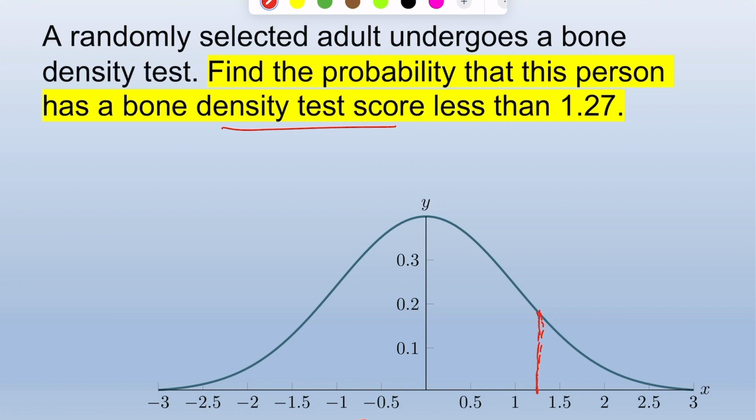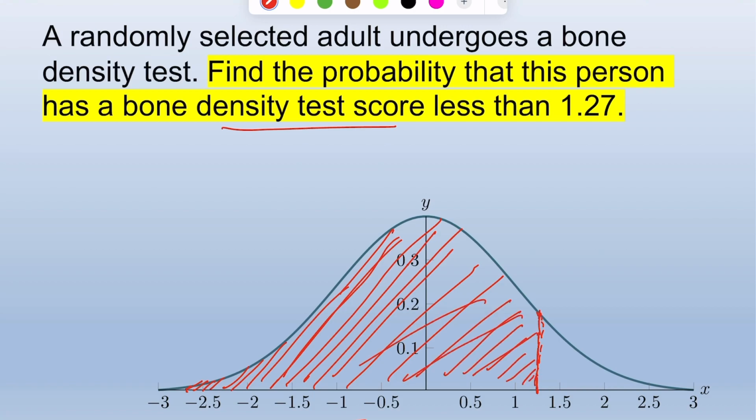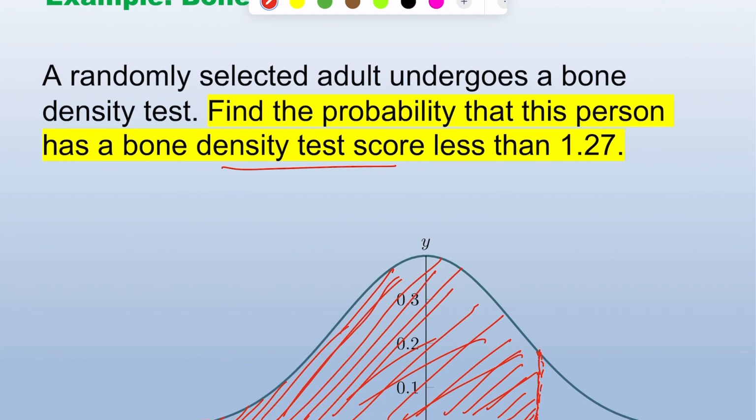And so I am looking for the area over those scores that we are interested in, which are less than 1.27. And so that includes all of these scores all the way up to here. So I need to find the area underneath this curve. Now, we're going to do this two ways.